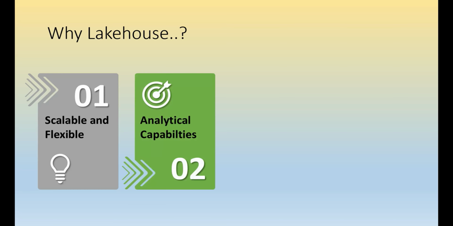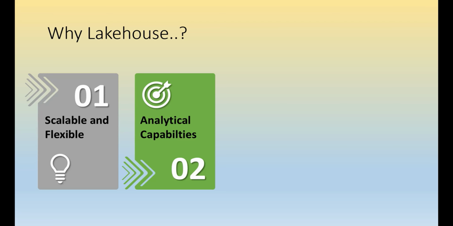The second advantage is analytical capabilities, right? There is a wide range of analytical capabilities, because you see there are different compute engines. In previous videos we have seen there are multiple services, right? There is a machine learning service, there is Databricks, Spark. You can use Power BI, you can use real time, Synapse Analytics, or any kind of reporting where you use Power BI.